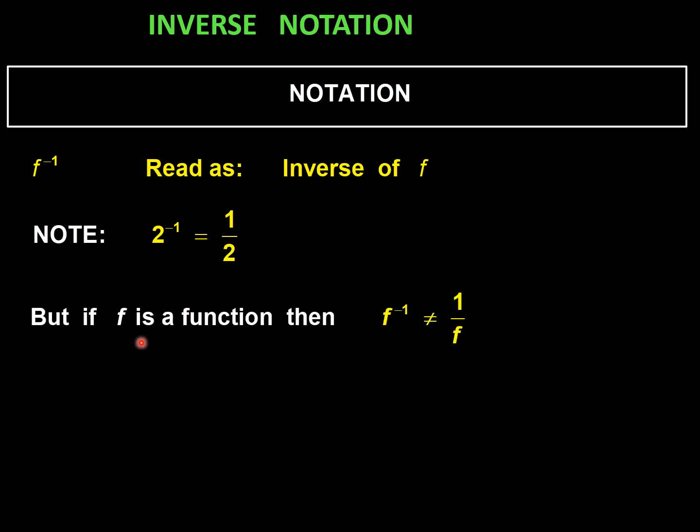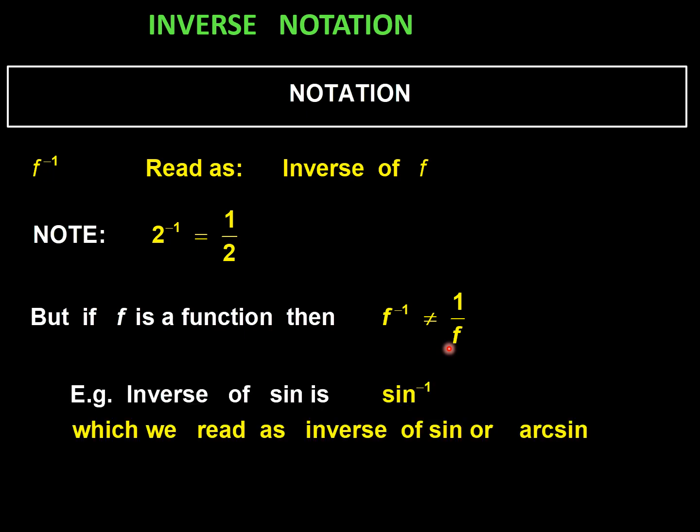Right? So when I work with functions, if I write f -1, it doesn't mean 1 over f. Remember, in functions, we read this as the inverse. So the inverse of f is not 1 over f. You've also seen in trigonometry, when we talk about the inverse of sine, this is the function that we have.